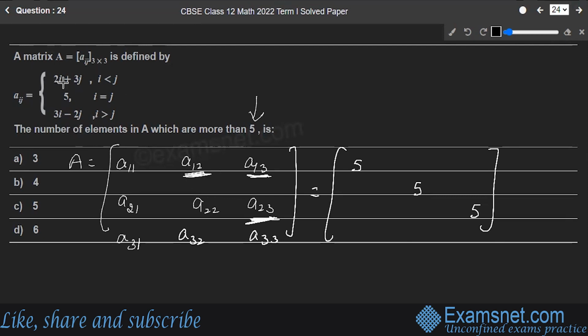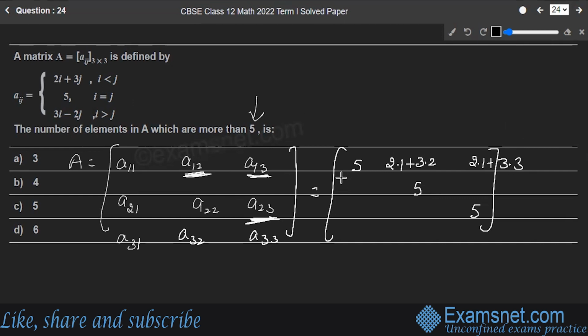It is given by 2i plus 3j. So this will be given by 2 into 1 plus 3 into 2. Similarly, 2 into 1 plus 3 into 3.